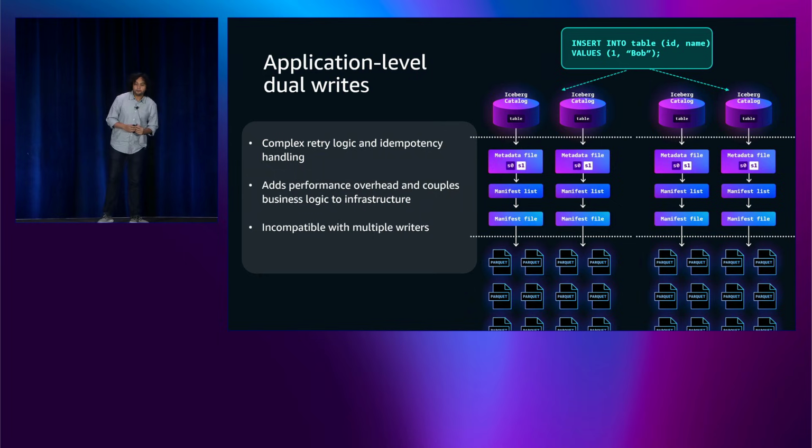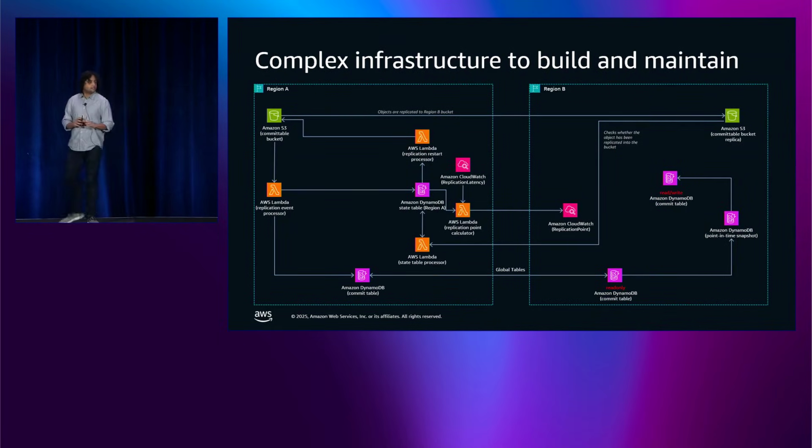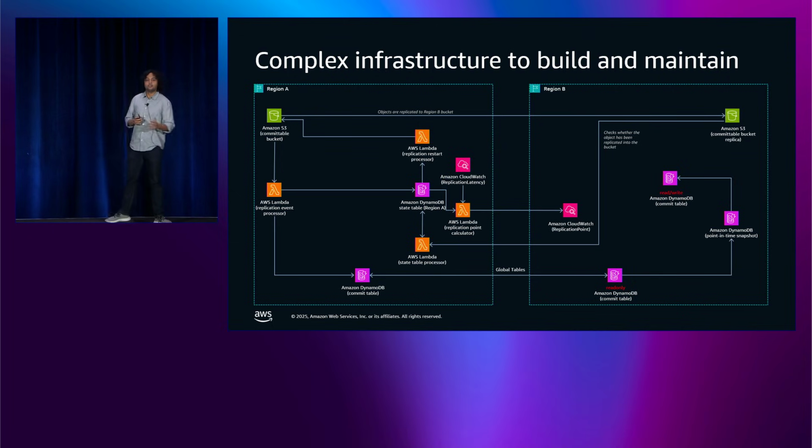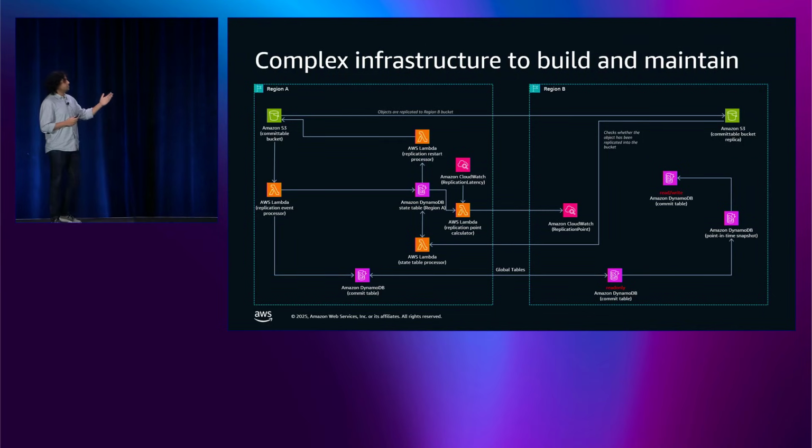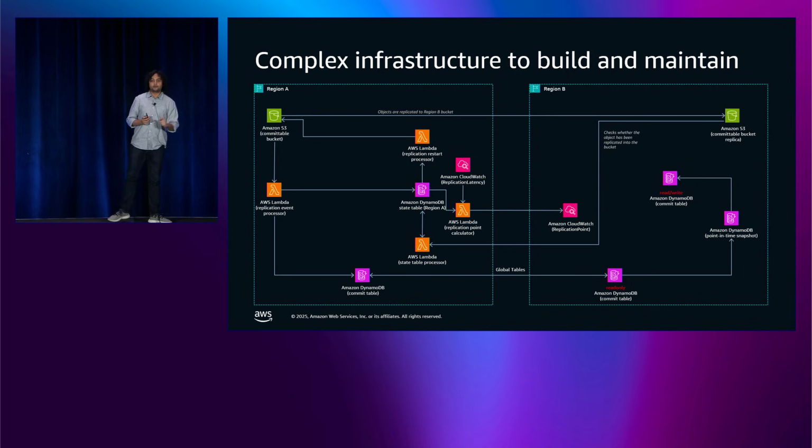Now, all of this is not just theoretical. In fact, we had a customer who successfully built this, where they were replicating petabyte-sized data lakes from region A to region B. And you can see how complicated this can get, right? So for example, they used S3 replication to move these objects from region A to region B. And then on top of it, you have a DynamoDB global table that's understanding and tracking the state of these replicas as you move them forward.